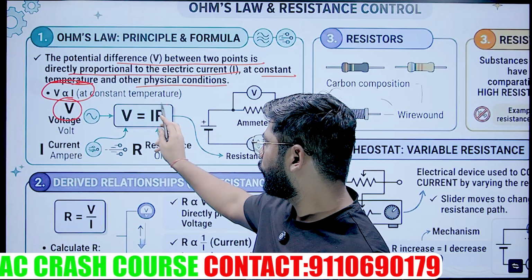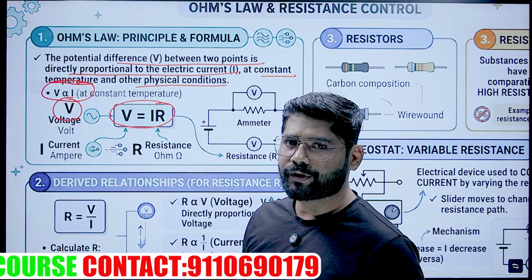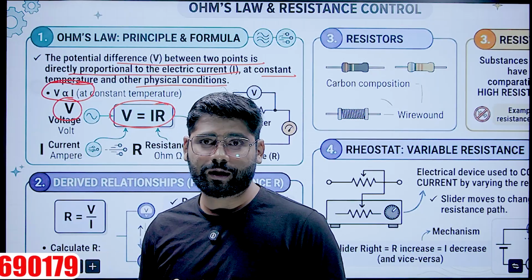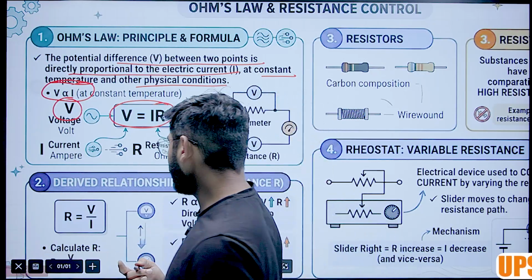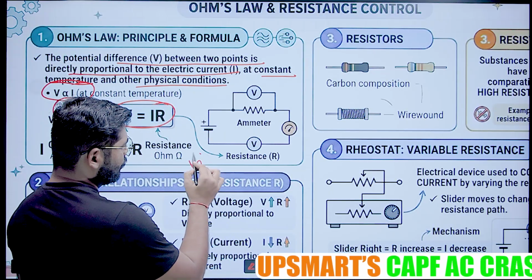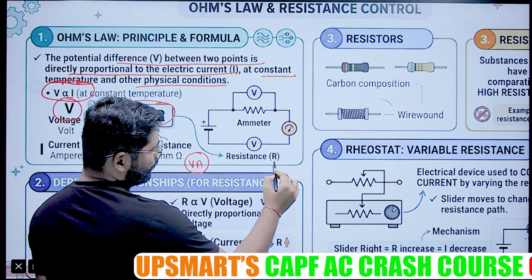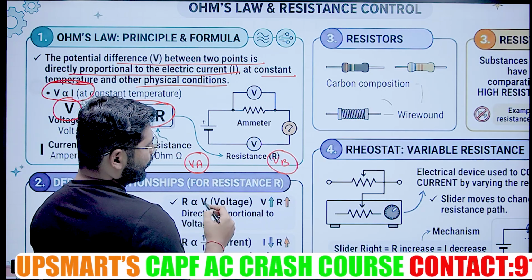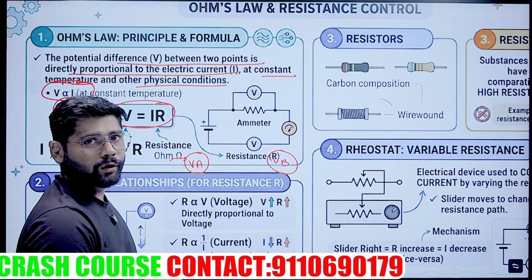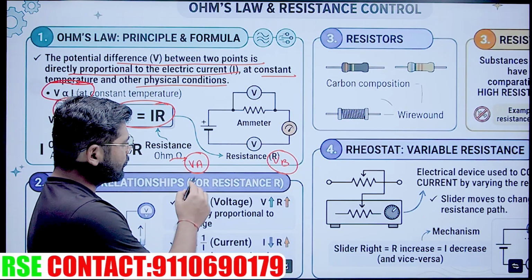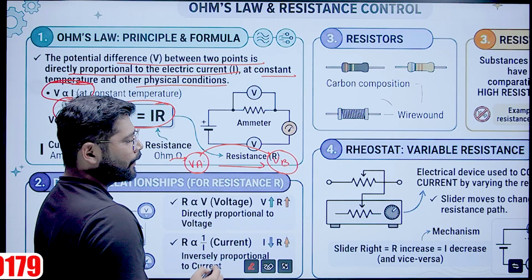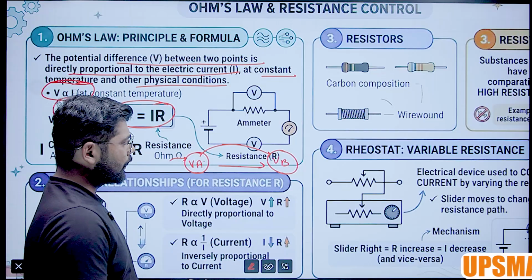So this is the formula: the potential difference is directly proportional to the current. Why is it directly proportional? Consider the potential difference between point A and point B. The potential is the work done, the capacity of a point to send electricity towards another point, so there will always be a difference.